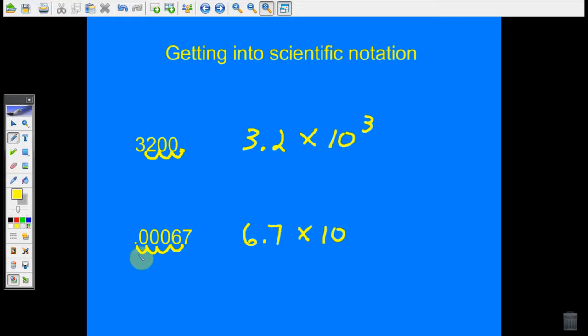We moved it 1, 2, 3, 4. So 10 to the 4. Now, because this number is a small number, this has to be a negative, so that when we convert back out of scientific notation, we need to move the decimal back to the left.